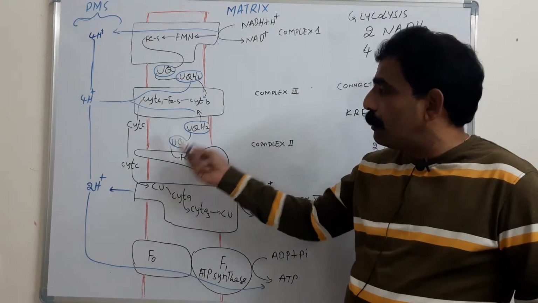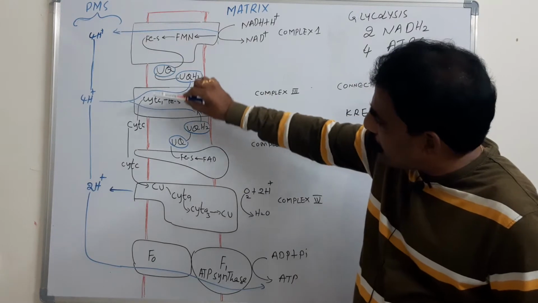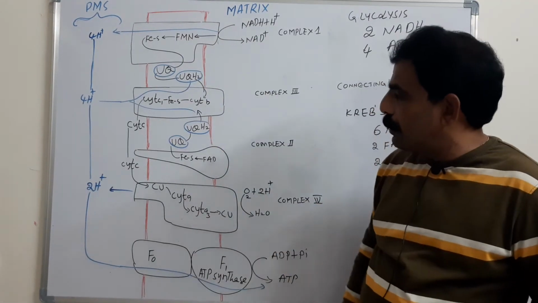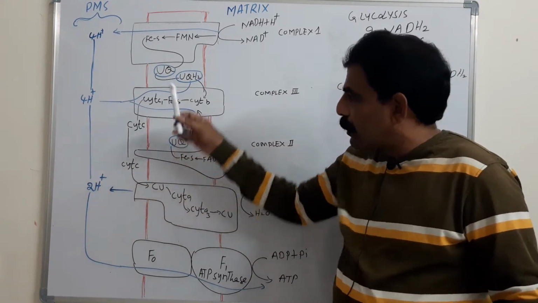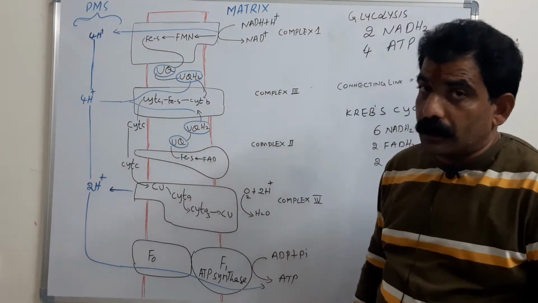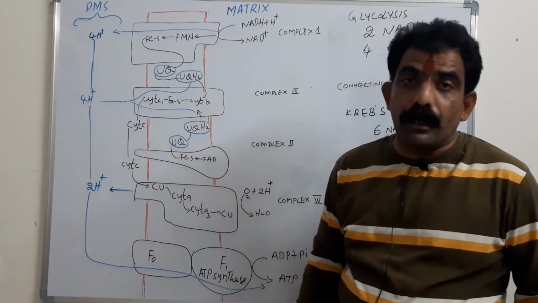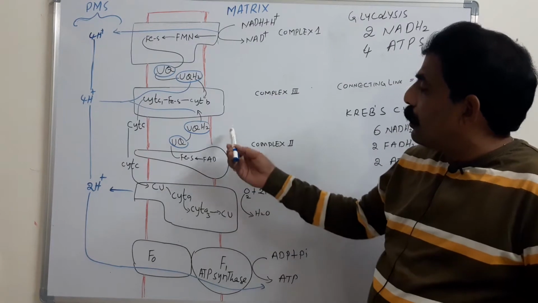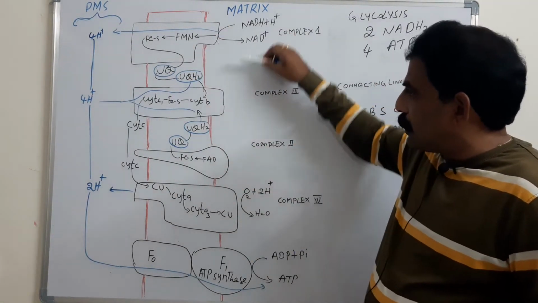Actually, this red band is the inner mitochondrial membrane. On the left side of the inner mitochondrial membrane, the space is the perimitochondrial space, the space present in between the outer mitochondrial membrane and inner mitochondrial membrane. And on the right side of this inner membrane, all this is matrix.